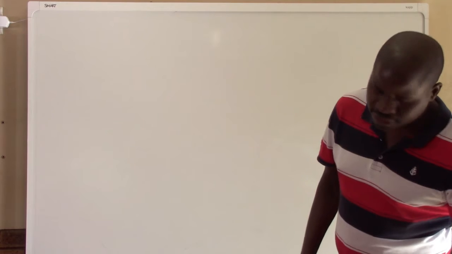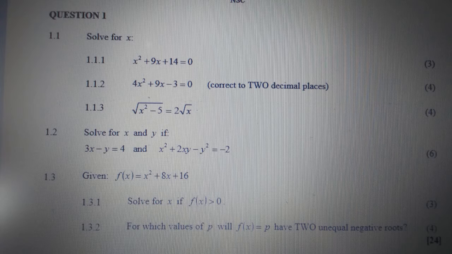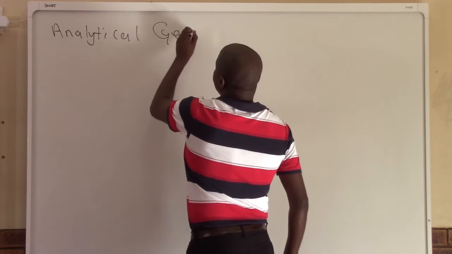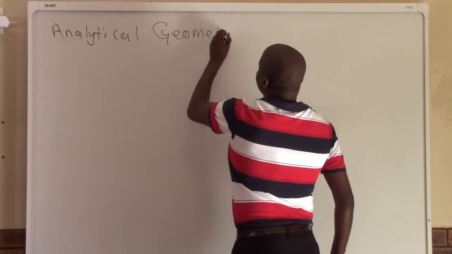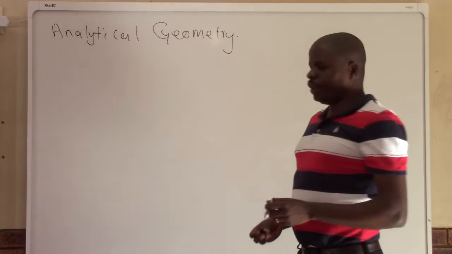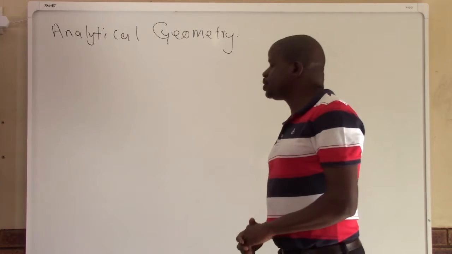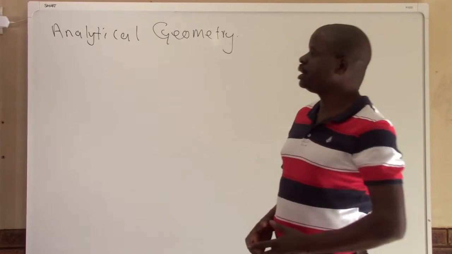So as I said, today we are going to introduce analytical geometry. When we talk about geometry, we have analytical geometry and we also have Euclidean geometry.